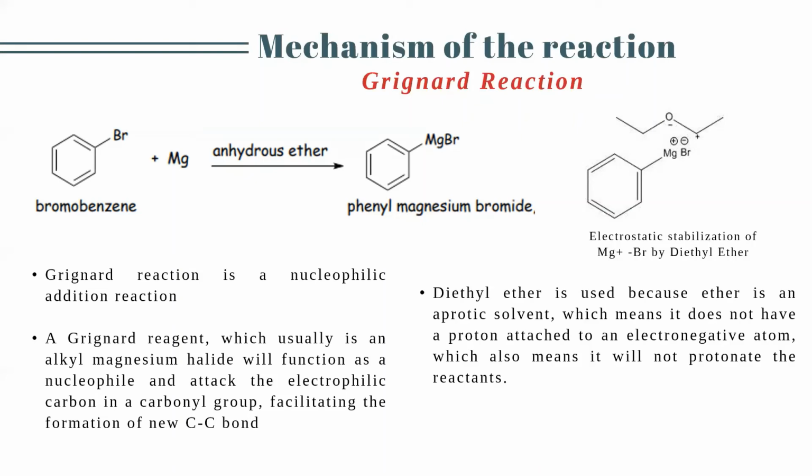This is an important step before proceeding with the preparation of triphenylmethanol. Ethers are a good solvent for Grignard reagents because the ionic bond between magnesium and the halogen can easily be solvated by the oxygen of the ether, keeping the magnesium ion electrostatically stabilized.